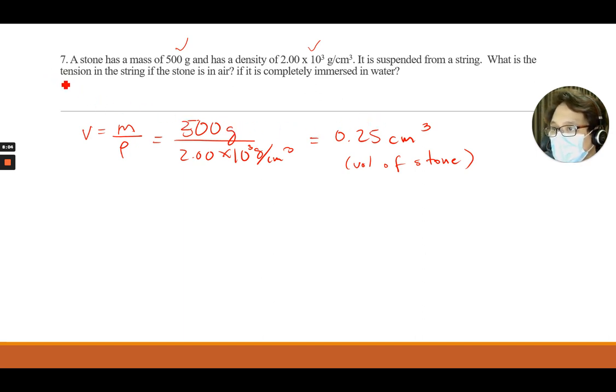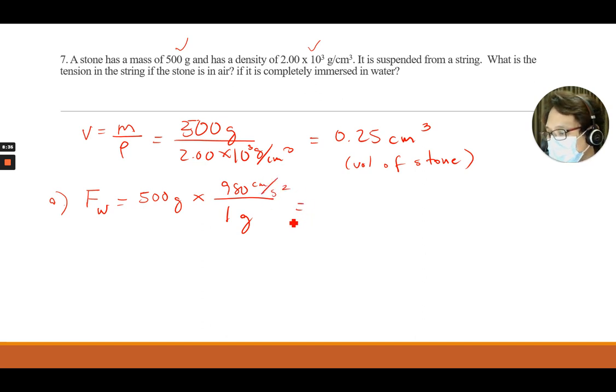So letter A, tinatanong niya, what is the tension in the string if the stone is in air? If the stone is in air, the tension in the string would be based on the weight of the stone alone. So 500 grams times, okay, we know that in the CGS system, 1 gram is 980 centimeter per second squared.